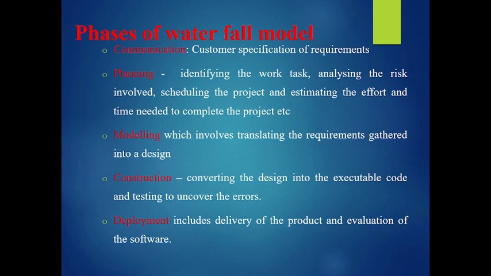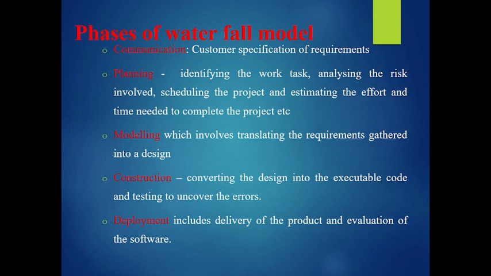Once the design is completed, we have to construct the code. Here we are writing code for our design. Once the code is generated, testing will be done. After these four phases, we go for deployment.